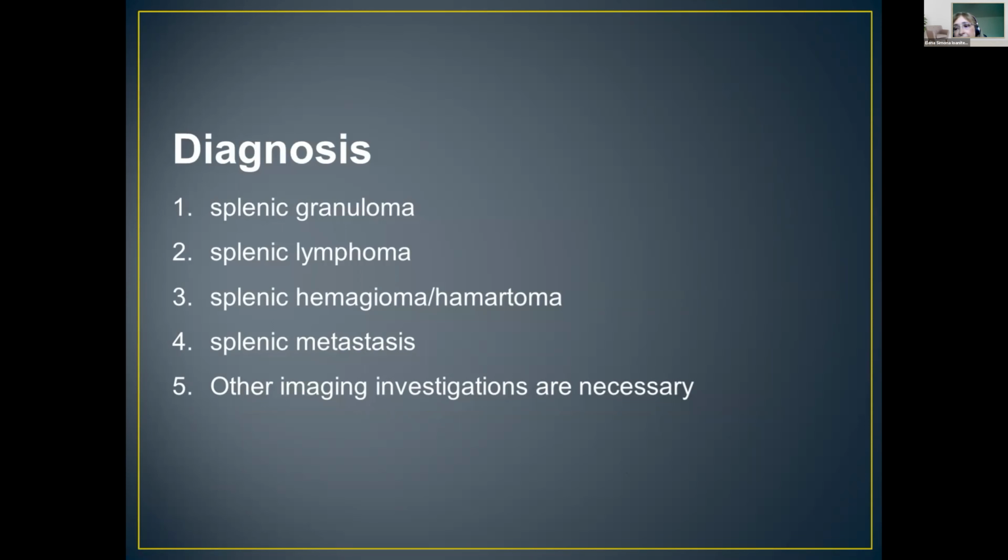Sometimes it may have some cystic lesions inside. So in many cases, the differential diagnosis between hemangioma and hamartoma is very difficult. So we can say it was a benign lesion associated with liver metastasis.